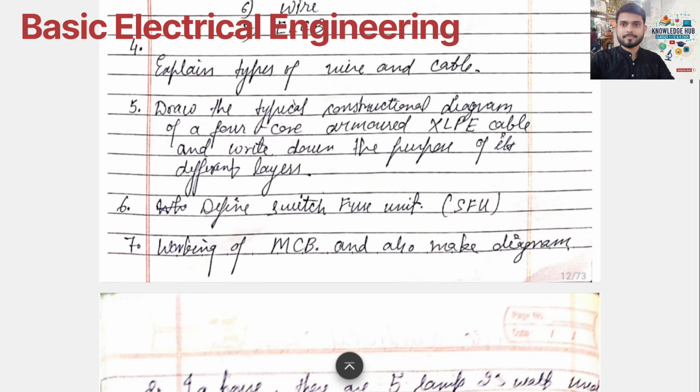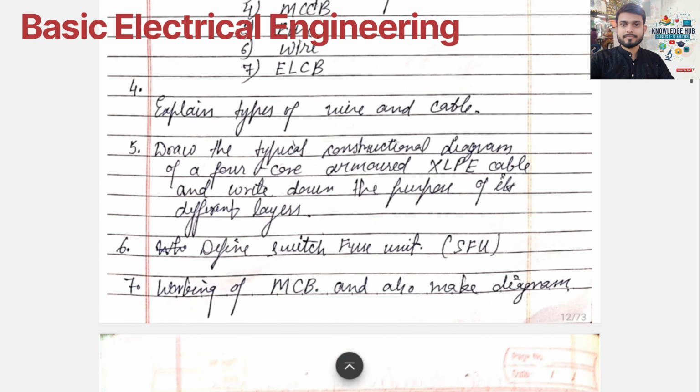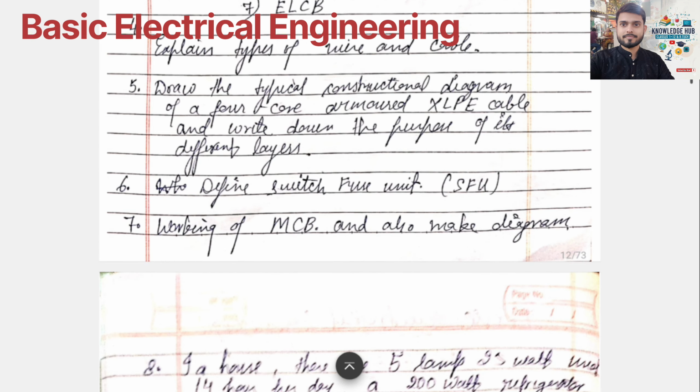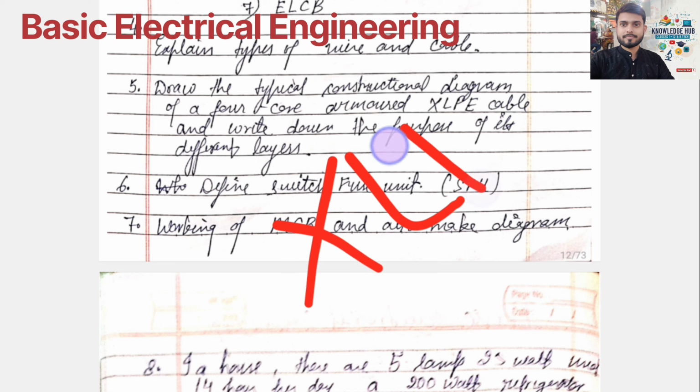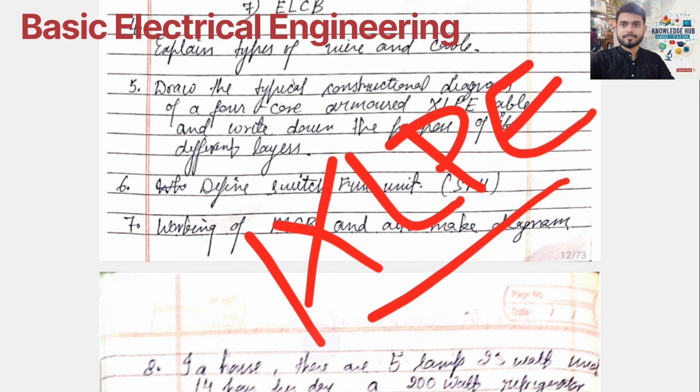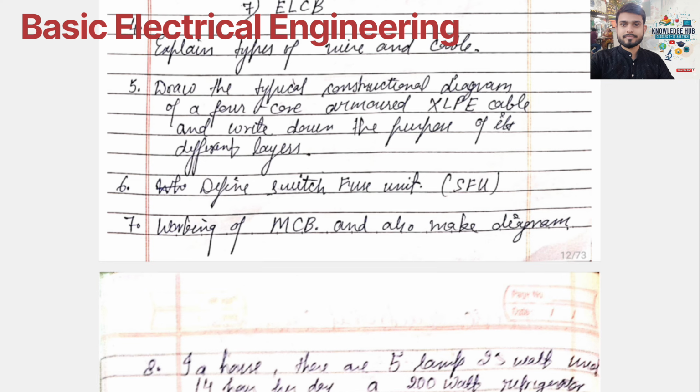Now, question 4 is explain types of wire and cable. Wires are different and cables are different. Now, draw the typical construction diagram of four core armoured XLPE cable. This is one type of cable which is used in industry and many other places.